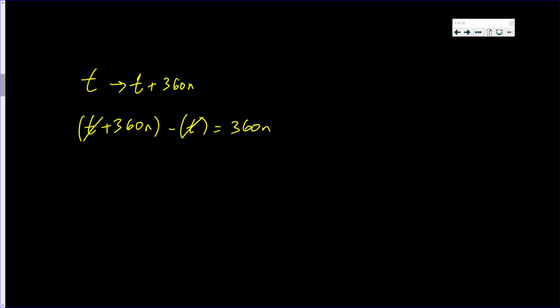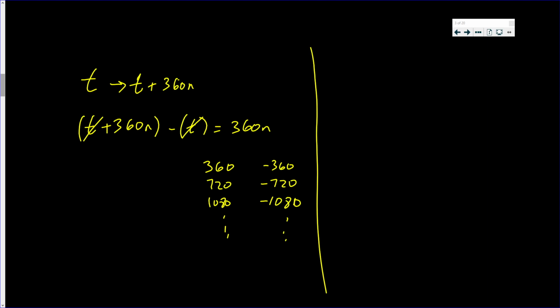So if two angles differ by a multiple of 360, that is, they differ by 360, 720, 1080, negative 360, negative 720, negative 1080, and so on, not including 0, because the difference is 0, which is 360 times 0, they're not coterminals. They're only coterminals if they differ by a multiple of 360 degrees.